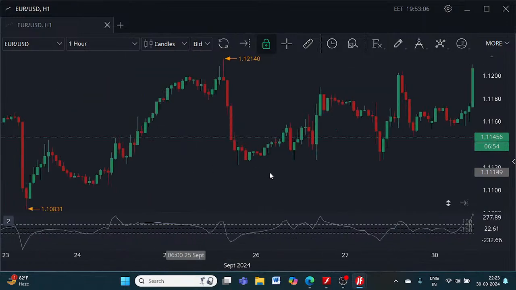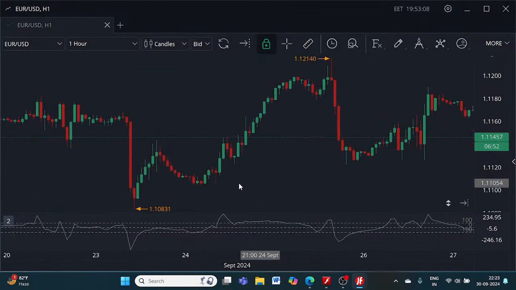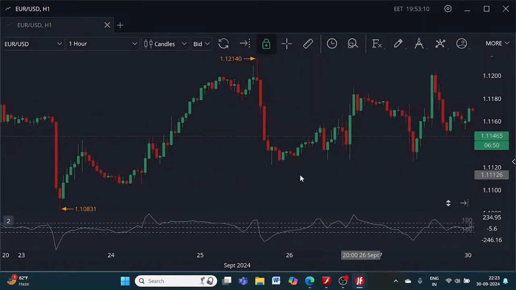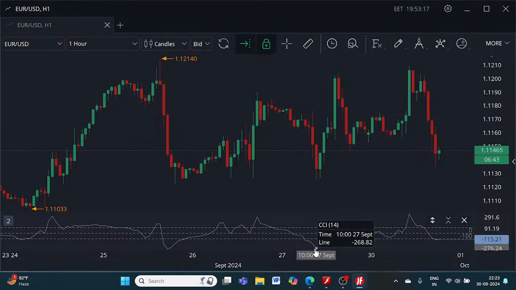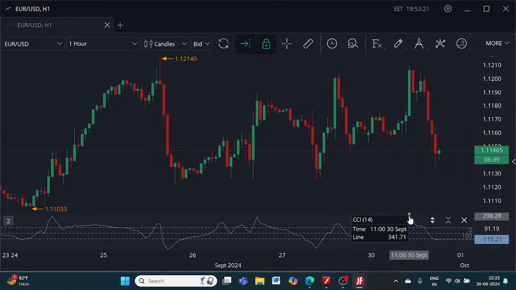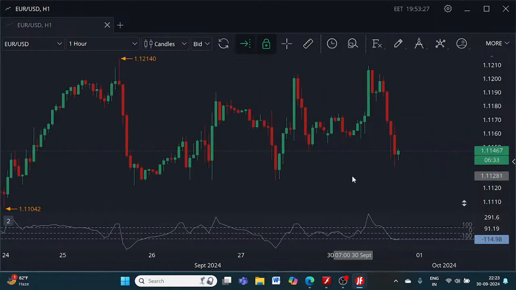The simple interpretation, as I explained to you in the initial moments of the session, is that we can use these extreme values as the overbought and oversold condition. Then you will ask when to place the trade.